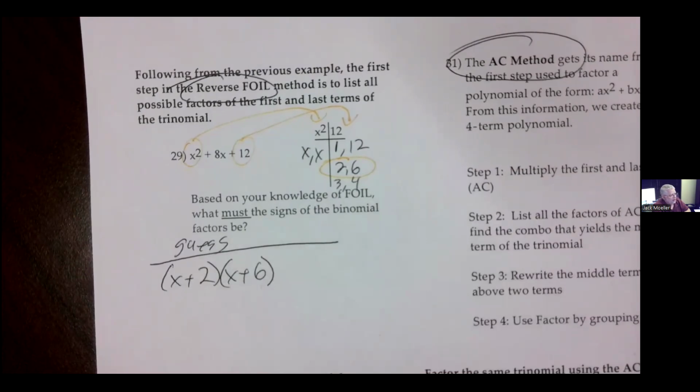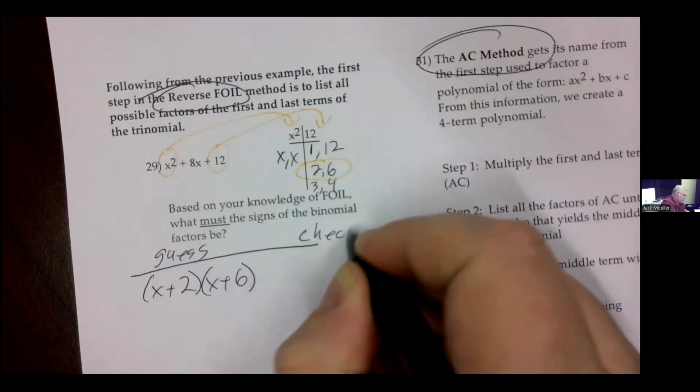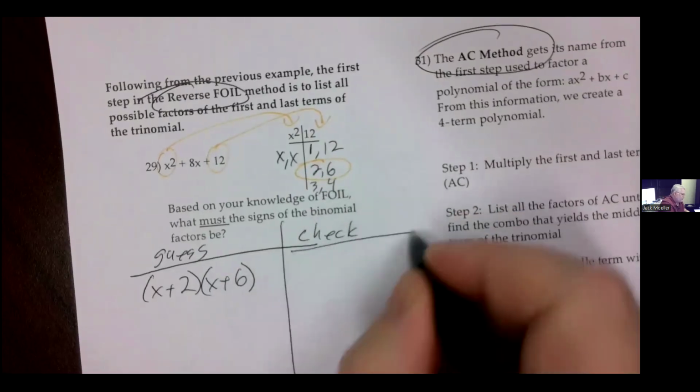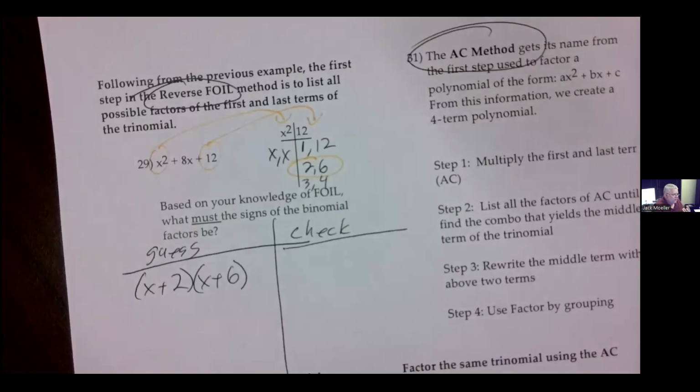Now, remember, this is an educated guess. You're not always going to get your guess right the first time. So how do we know if this is right or not? Well, you check by FOIL.